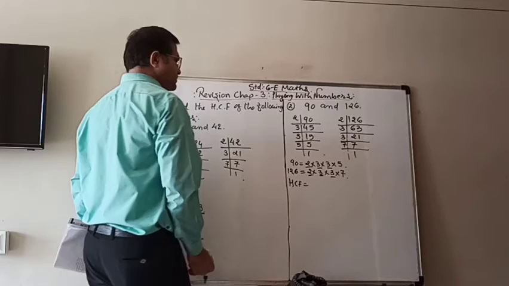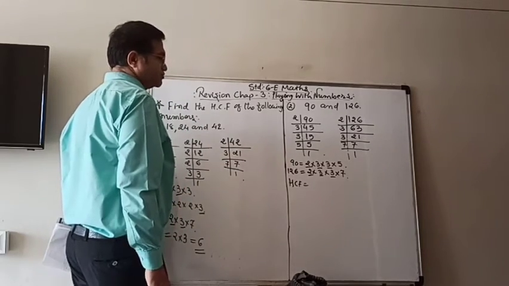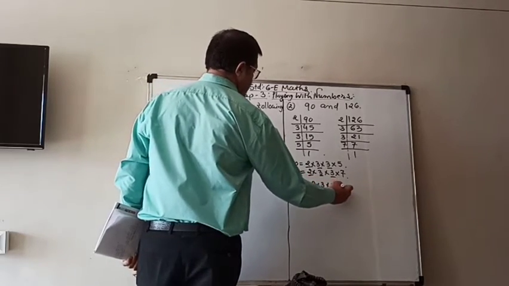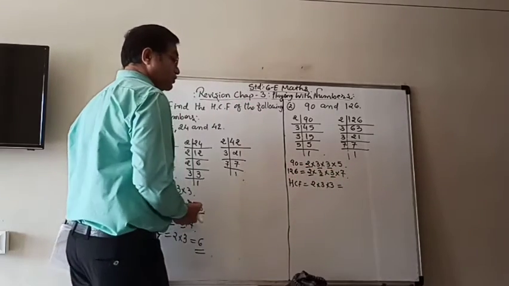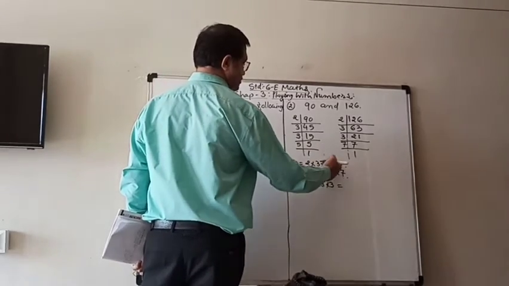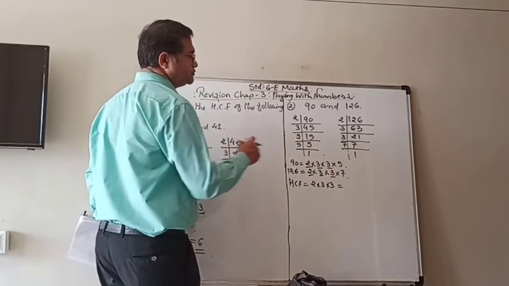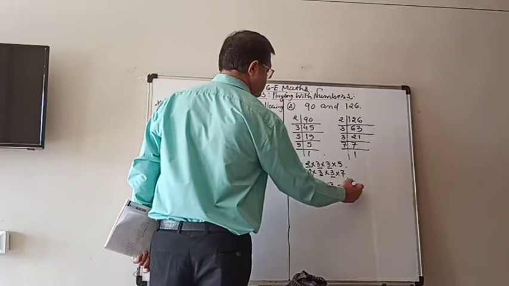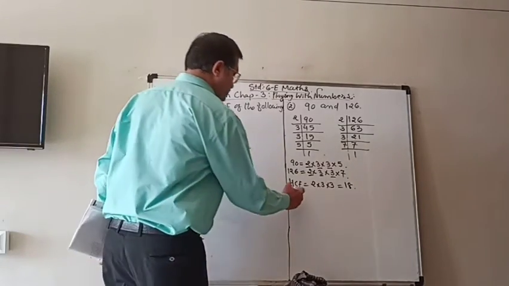All these are factors of both of the numbers 90 and 126. And therefore we will take the product of them, means 2 multiplied by 3 multiplied by 3. So 3 3s are 9, and 2 9s are 18. So the HCF of them is equal to 18.